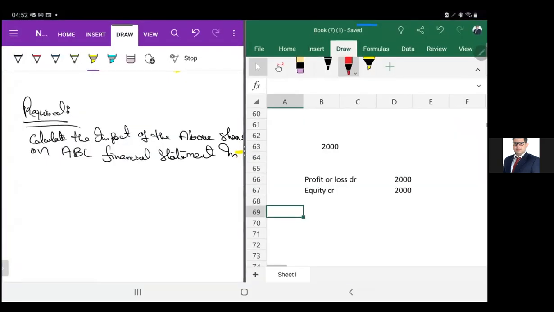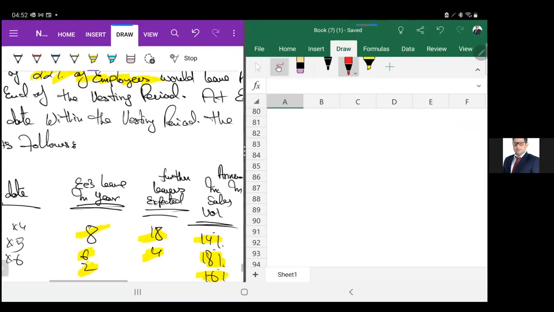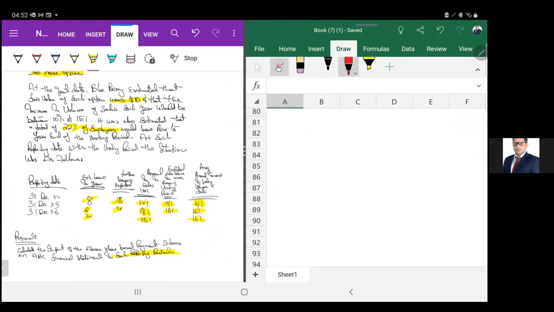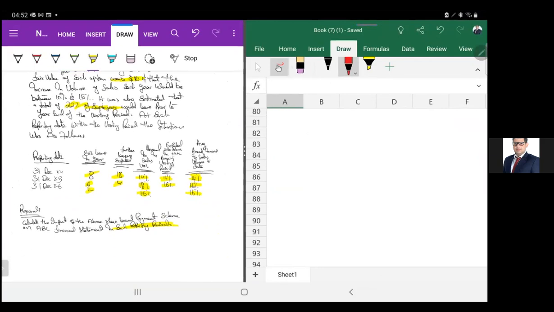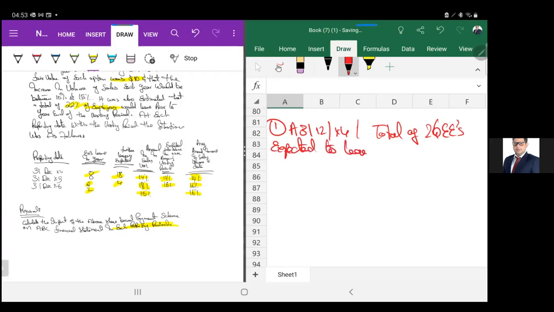Again, let me open my sheet, and here it is. Firstly, let me tell you, number one, at 31st December 2004, a total of 26 employees, 8 plus 18, are expected to leave by vesting date, right?